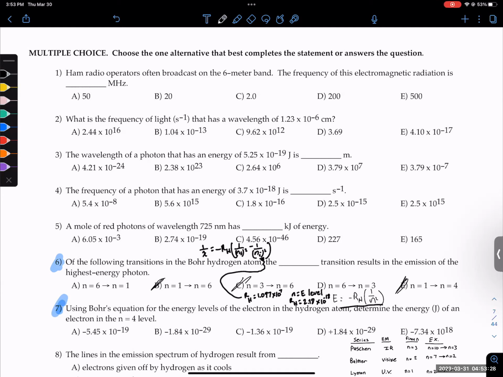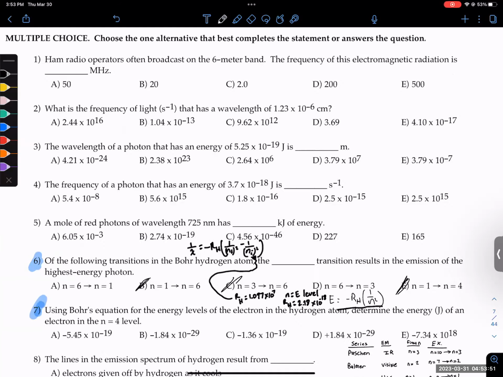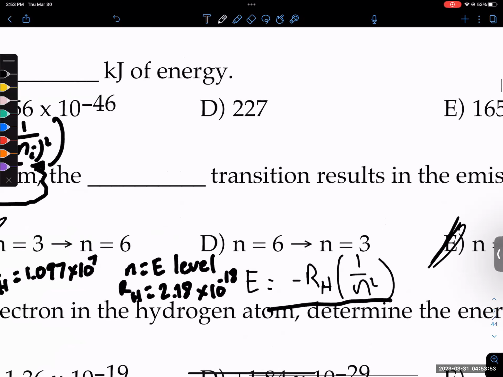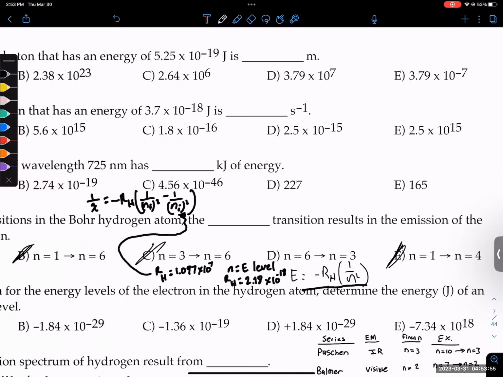The equation is supposed to have a negative sign. I'm just trying to figure out how you could end up with negative energy, unless it's final minus initial. The final is always smaller than the initial, remember? Yeah, but it's only one n value. Oh, I see what you're talking about.